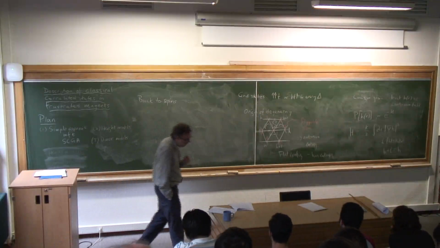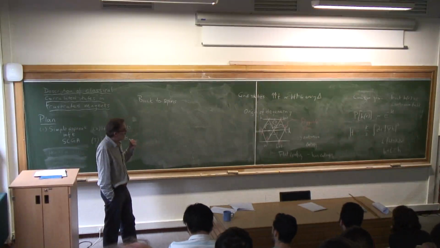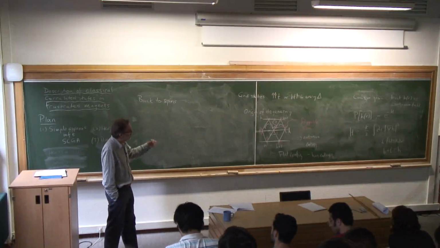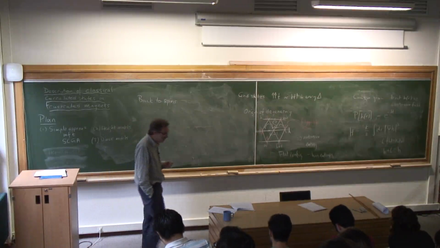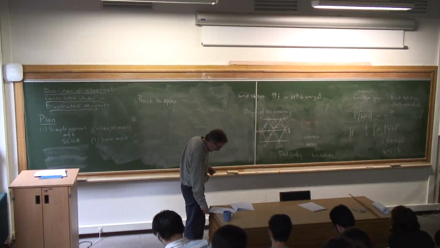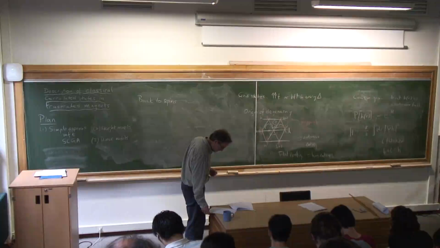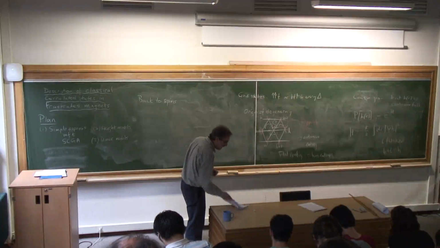Okay, so the basic point is that we have a mapping between spin configurations and heights, but we need to invert that if we're going to calculate spin correlations using this mapping.